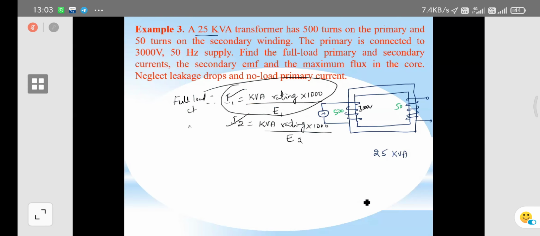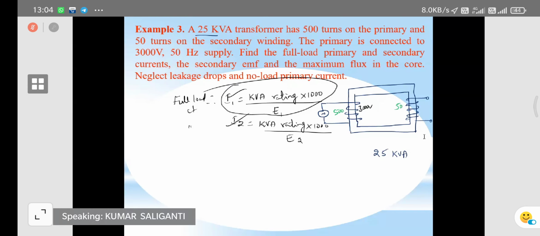Okay, just wait. Okay, primary. Okay, Venkat Sai, 125 as a secondary is not correct. 83.33 is correct.